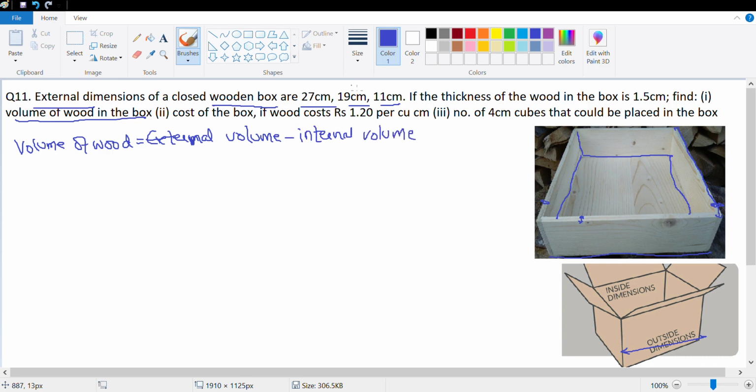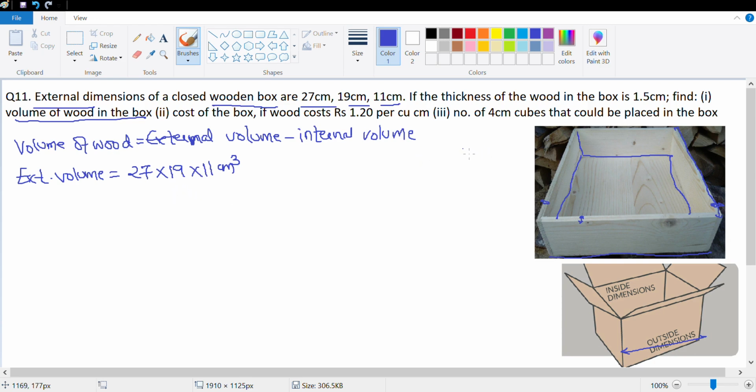Perfect. So let's just calculate the external volume first. So external volume will be equal to external length into external breadth into external height, which is 27 into 19 into 11 centimeter cube. We'll have to multiply this in any case because we'll have to subtract it.